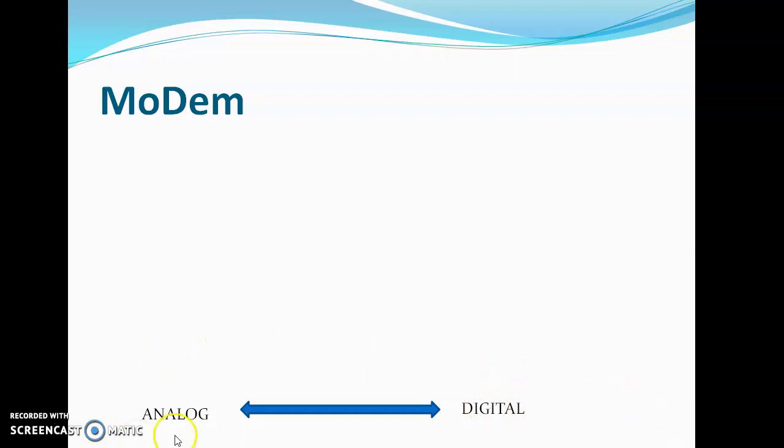It has to be transmitted using an analog signal, somewhat in the form of a wave. So this modem allows your devices to convert from analog to digital signal, and likewise from digital signal to analog signal. This is how it works.